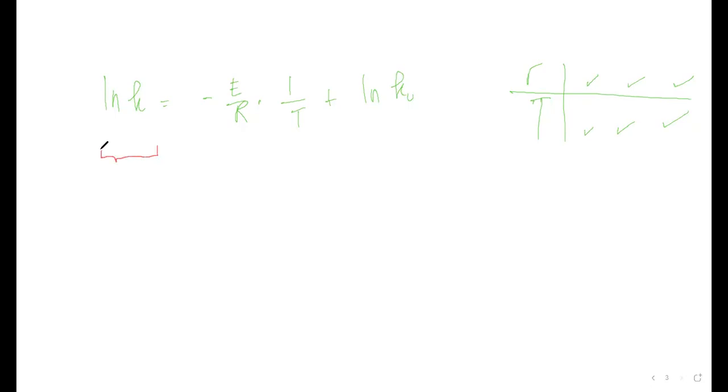A linear equation. Very good. It's a linear equation. You have a y, this is your m, x, and this is your y-intercept. Correct. Then, your data is rate and temperature.